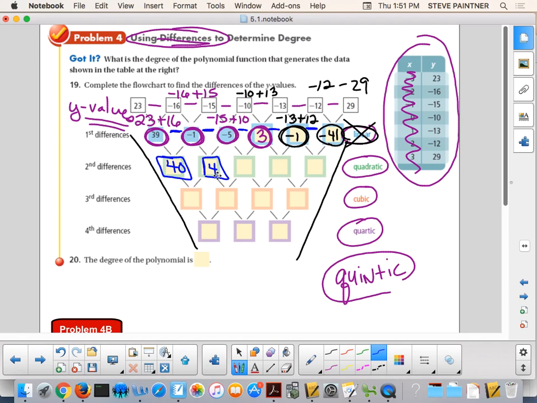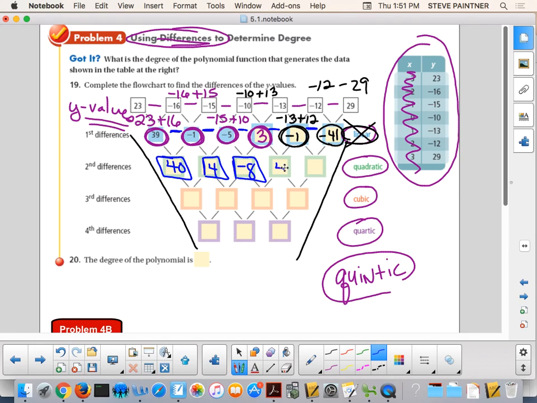Negative 5 minus 3? Oh, wait, no. Negative 5 and negative 3 together make negative 8. Okay.